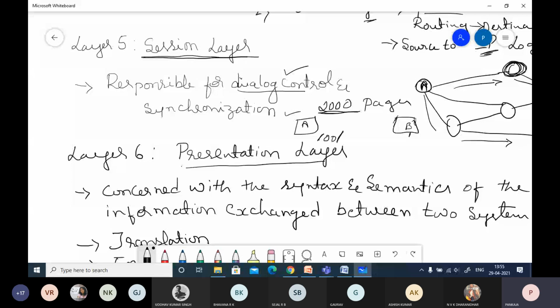After the receiver gets the first 100 pages, it sends an acknowledgement indicating received correctly. Then from 101 to 200, another checkpoint. Like this, it sends all 2000 pages.